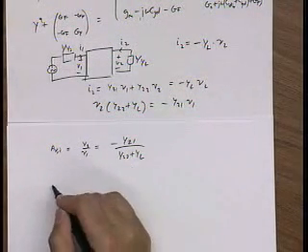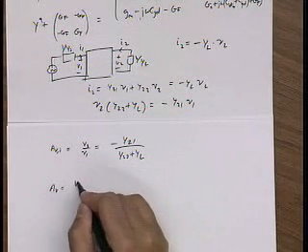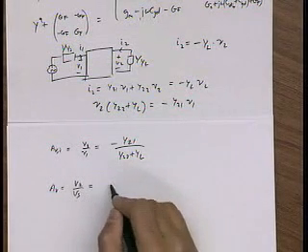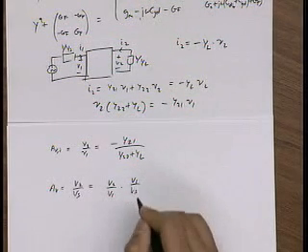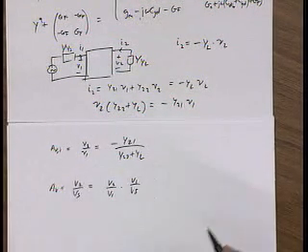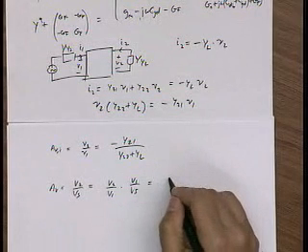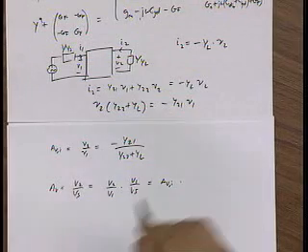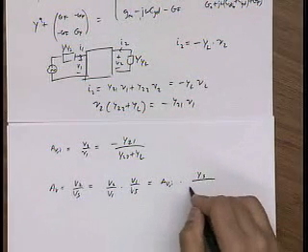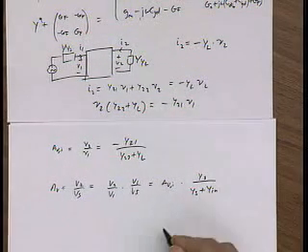So to find the total voltage gain, I want V2 over Vs. I can write that as V2 over V1 times V1 over Vs, because V1 over Vs is just a voltage divider, right? So that would be AVI times YS over (YS plus Yin).